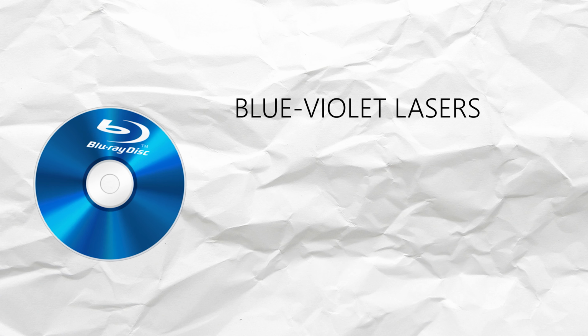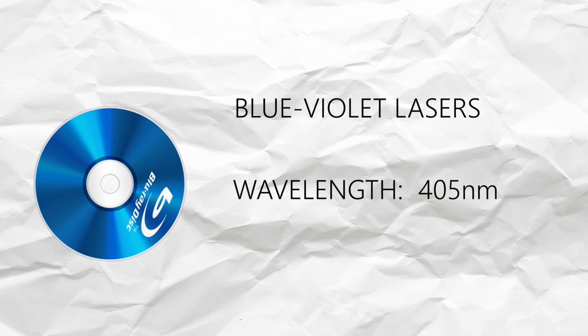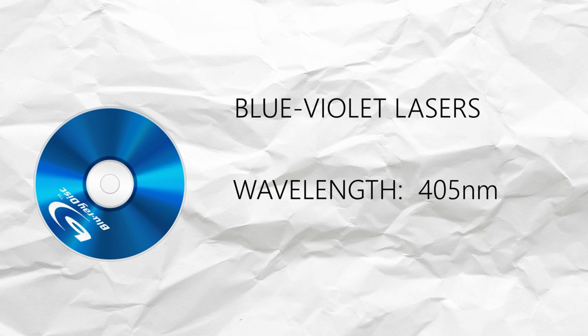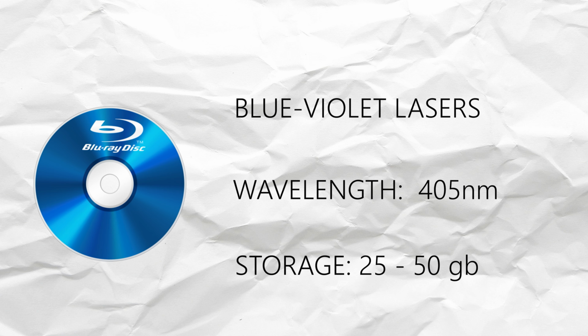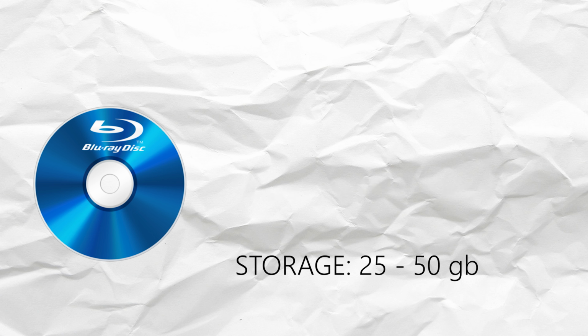Blu-ray discs use blue-violet lasers with a wavelength of 405 nanometers, allowing them to store much more, up to 25 to 50 gigabytes of data. The shorter the laser wavelength, the more data can be packed onto the disk, which is why Blu-rays hold much more data than DVDs or CDs.